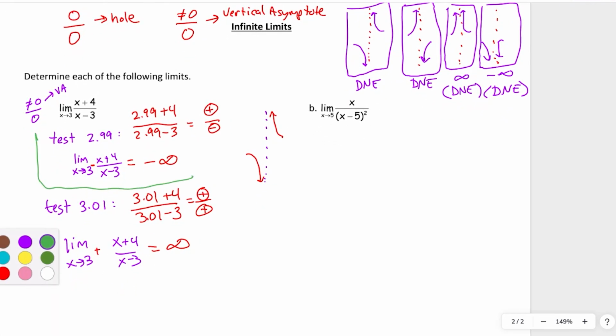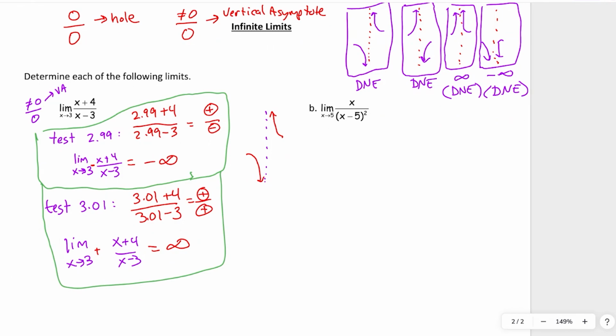So we have this test we're doing, and then this test. Now, you don't necessarily need to show every step here. You're just trying to figure out what's going on the left-hand side and the right-hand side. And if you can do it in your head, so to speak, and just make this statement right here, I'm fine with that.